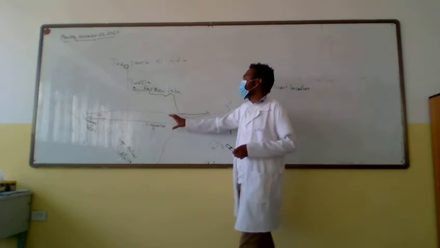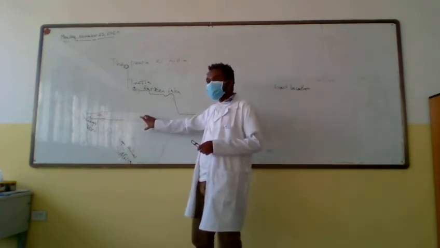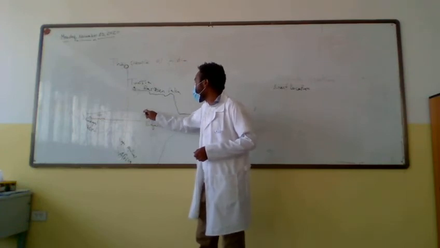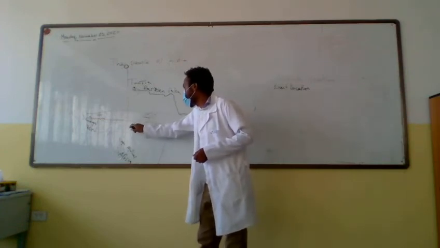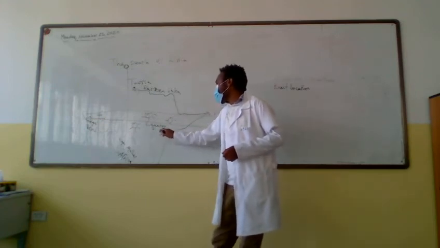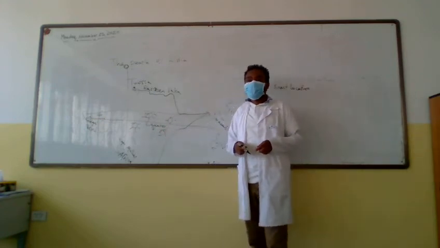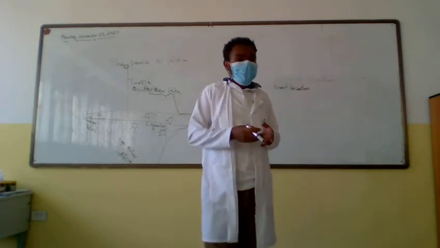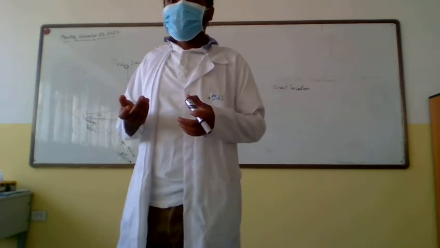So Africa is the hottest continent. There is overhead sun throughout the year. It's hot. In Europe, for example, there are times when they only get 3 hours of sunlight a day.